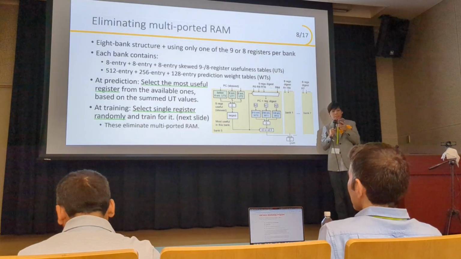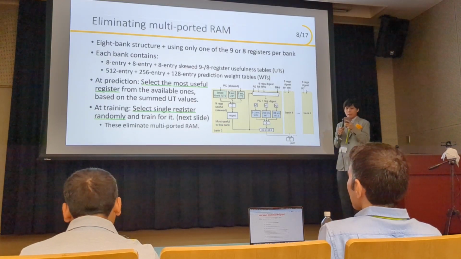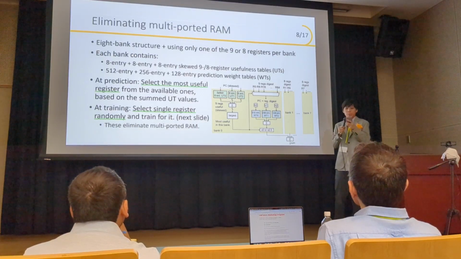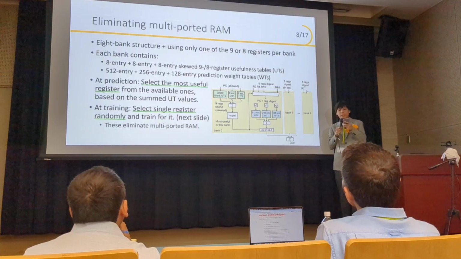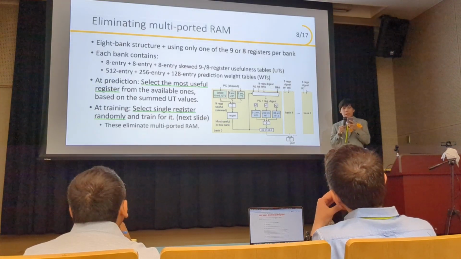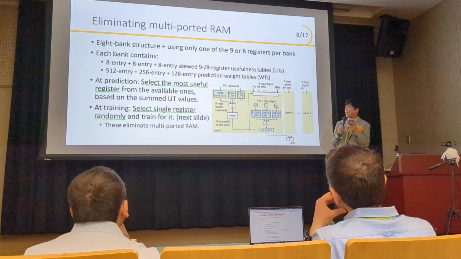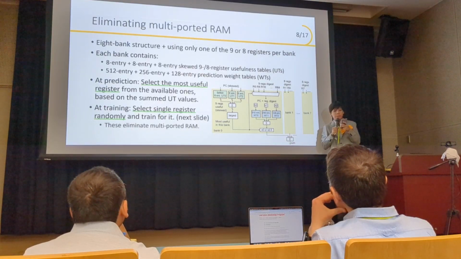This slide explains avoiding multiport RAM. Multiport RAM is expensive, so we avoid it. First, we divide the table into 8 banks. Each bank stores the usefulness and prediction weights for just 8 or 9 candidate registers.